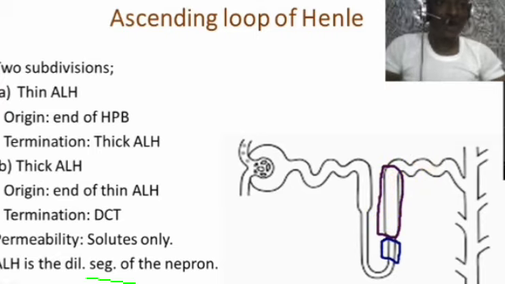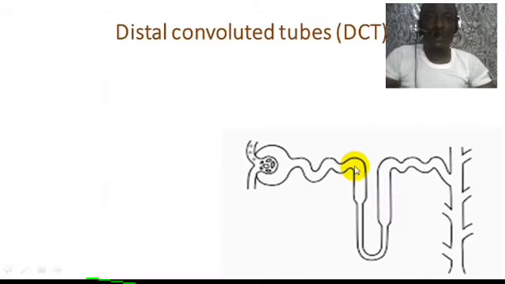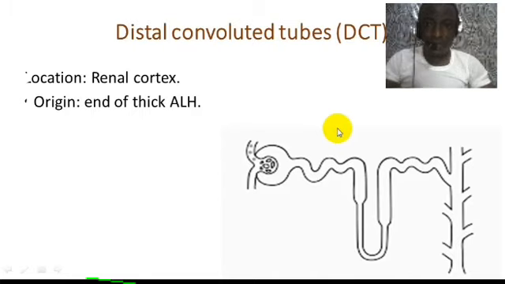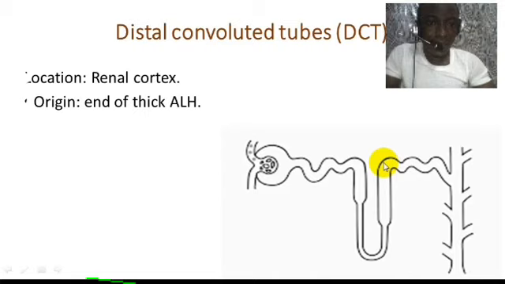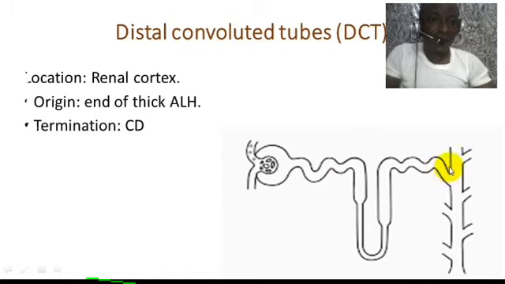Alright, going forward, the distal convoluted tubule. The distal convoluted tubule is located in the renal cortex. It takes its origin from the end of the thick ascending loop of Henle, that is from here, and it terminates at the collecting ducts.